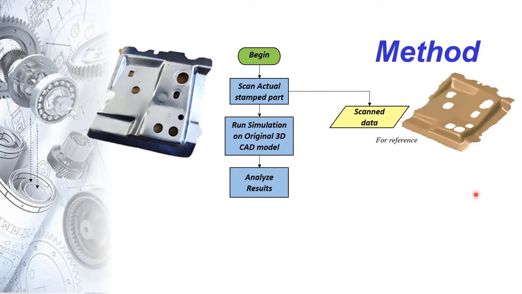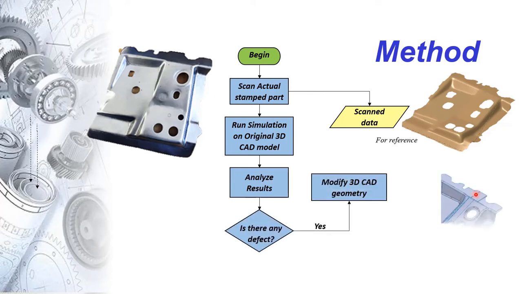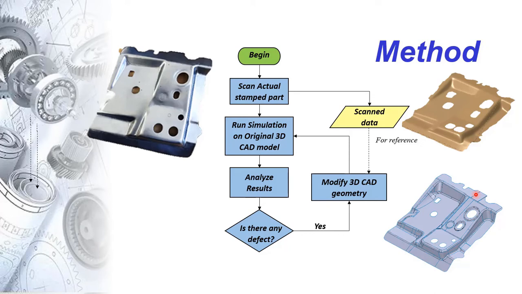If there is any defect, then we modify the CAD geometry. In order to modify this CAD geometry, we use the scanned part as the reference. After modification, run the simulation again, then analyze the result. If there is no more defect, then the process is finished.